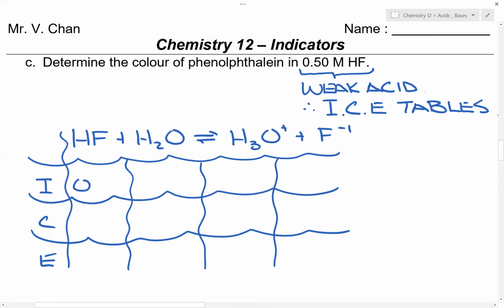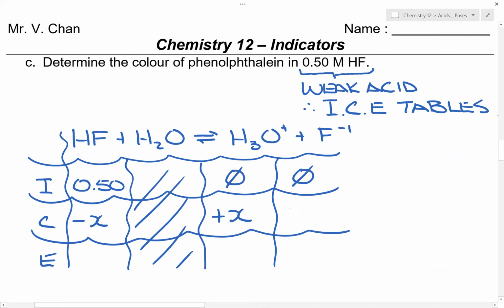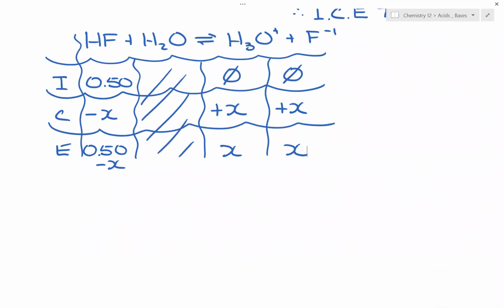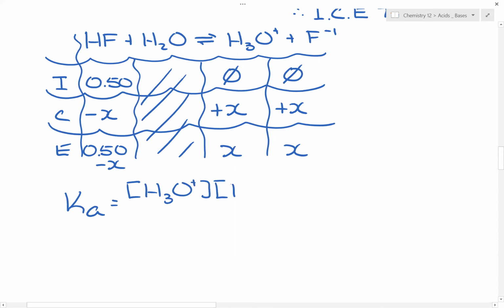So here we have 0.50, minus x, plus x, plus x. And then you have 0.50 minus x, x, x. And then you go, okay, Ka is equal to the concentration of H3O+ times the concentration of F minus, all over the concentration of HF. And you solve.